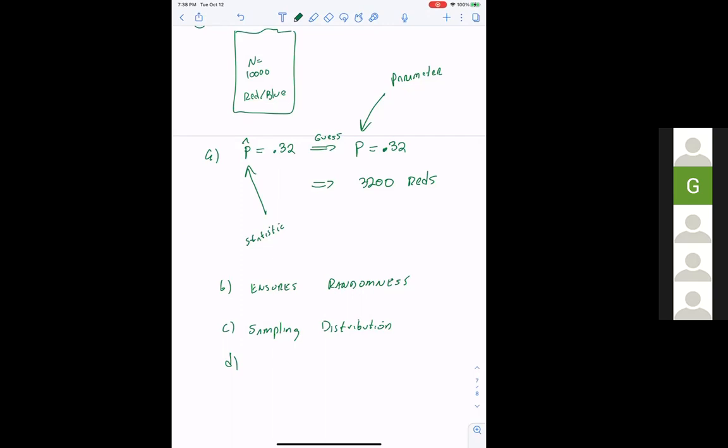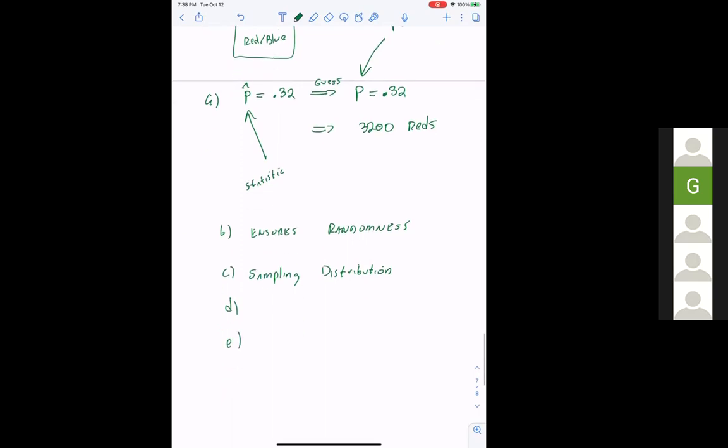Now, E. Suppose that the jar actually contains 4,000 red chips. What is the value of the population parameter? So because of this question, let's go back to the previous one. It must be the population proportion that they were looking for and not the number. See, D was a little vague. It could have been both.